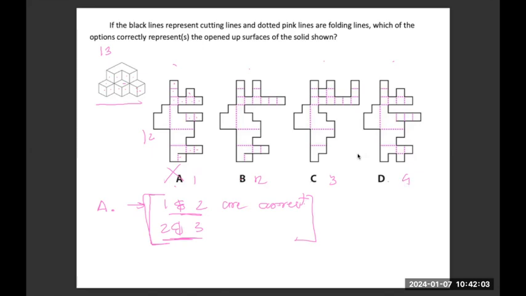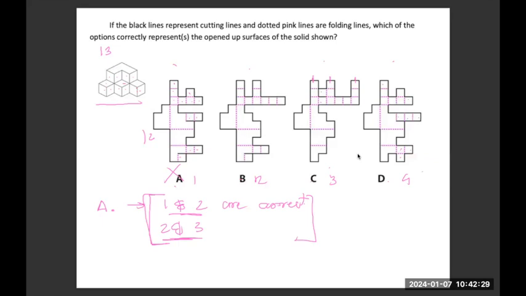You can check it: 1 through 13. This is 3, this is 3, this is 3, so 9, 10, 11, 12, 13. Here also there are 13. So A, B, C, and D all have 13.